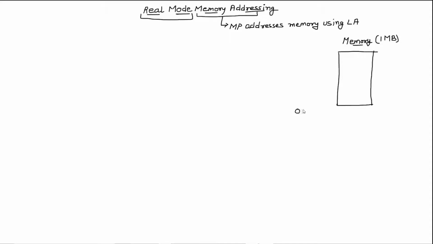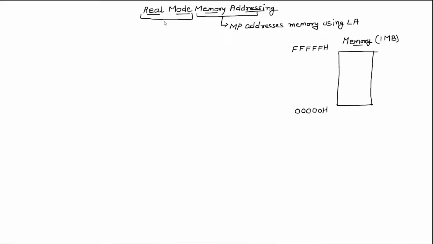And to address with a 20-bit address, we can use all the addresses from 00000H to FFFFFH, like this. So the microprocessor assigns these logical addresses to this memory space, and we already know that these are actually stored in the form of segment registers and offsets.